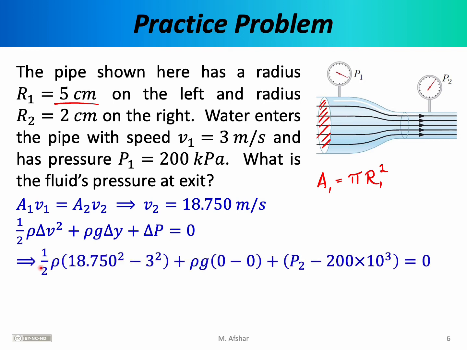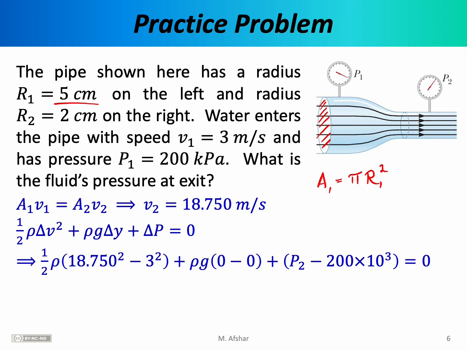According to Bernoulli's equation, 1/2 times the fluid density, here we're talking about water, times the change in V squared, so the final V minus the initial V. We've calculated the final V, or V at point 2, to be 18.75. Don't forget to square it, minus 3 squared, plus the density times gravitational acceleration, times the change in height.